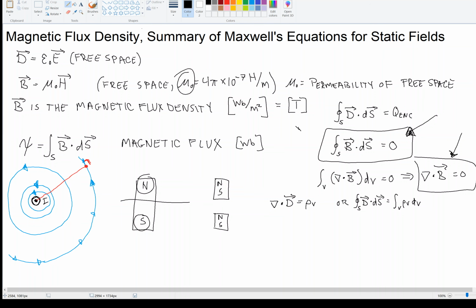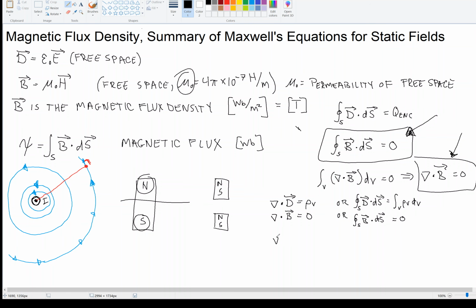Okay, so that's Gauss's law. Now we just saw Gauss's law for magnetism is that the divergence of B is zero in point form, or what we just wrote down, the closed surface integral of B dot ds is equal to zero. There are no magnetic monopoles.